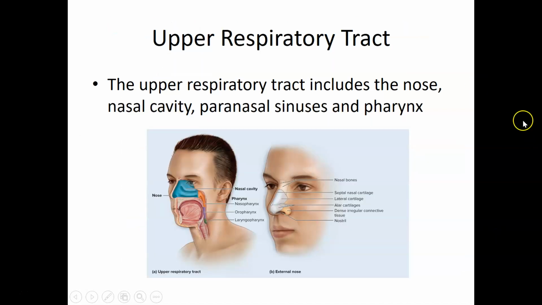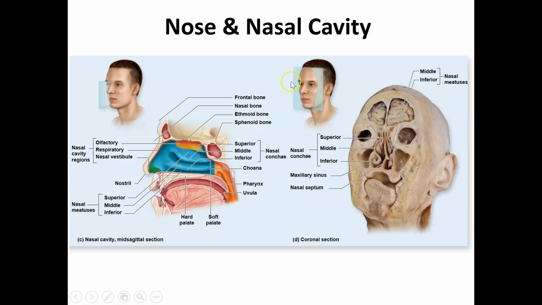All right, so let's start with the upper respiratory tract, and the main structures there are nasal cavity, sinuses, and pharynx. They're color-coded on this slide, and we're talking about the nasal cavity, with sinuses surrounding that, and the pharynx shown on that slide.